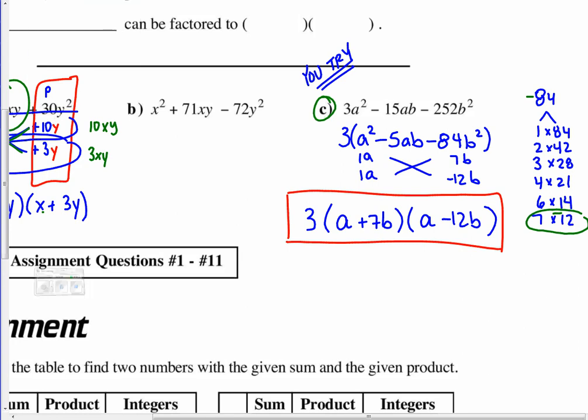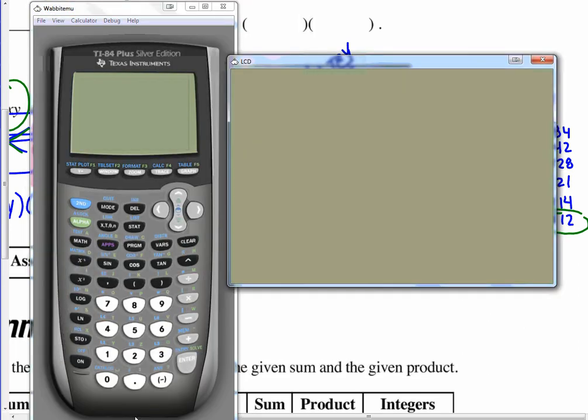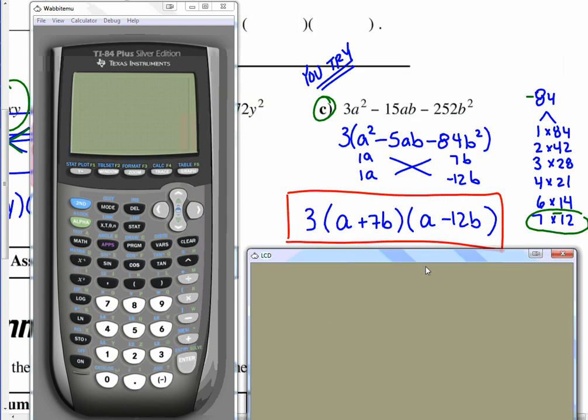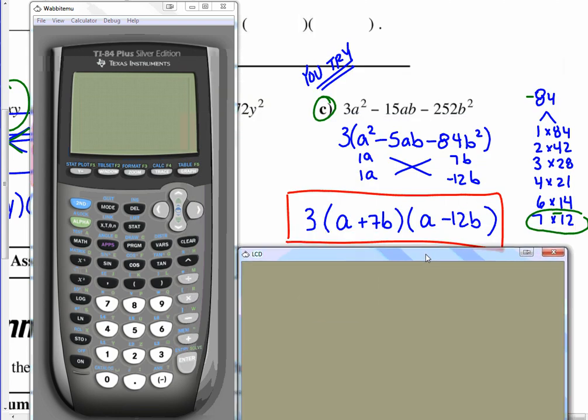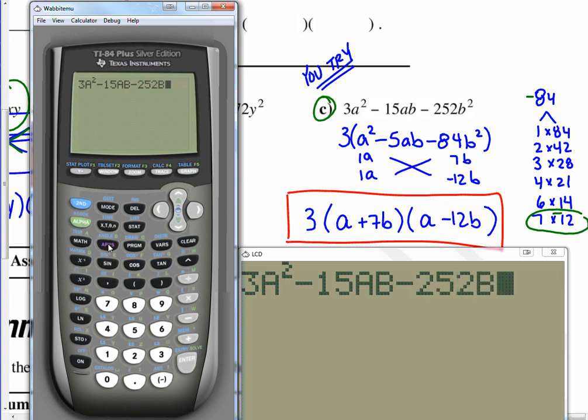Now, again, you could use your calculator to check this. I like using the test. You can also store a and b as different numbers. If you use the test, you can use a and b. Store 3a squared minus 15ab minus 252b squared.